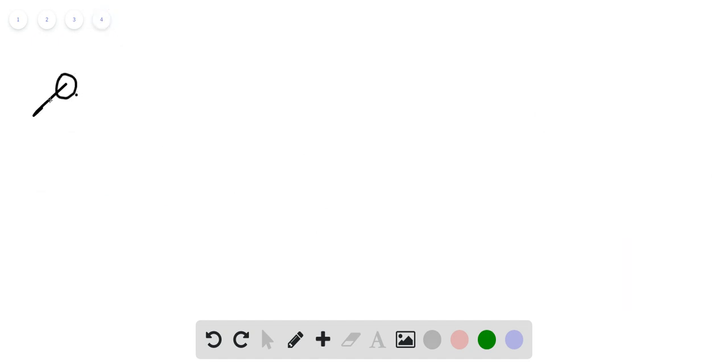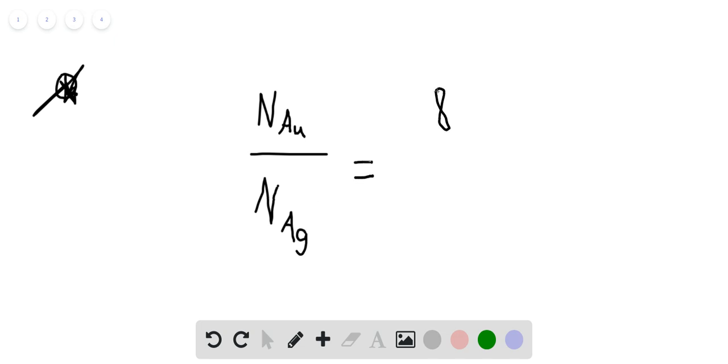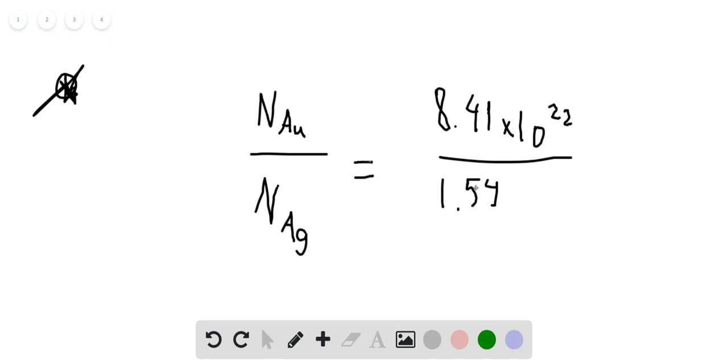So if we ratio the number of gold particles divided by the number of silver particles, for example, 8.41 times 10 to the 22 divided by 1.54 times 10 to the 23.